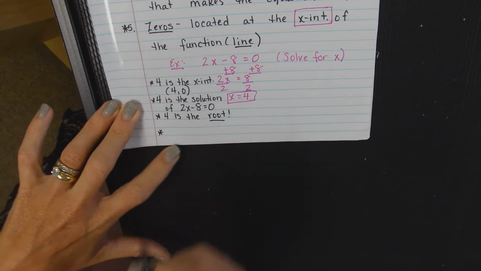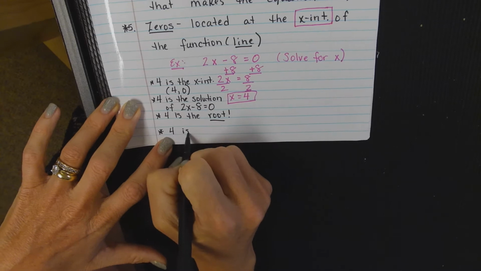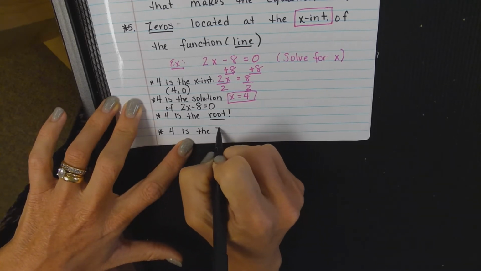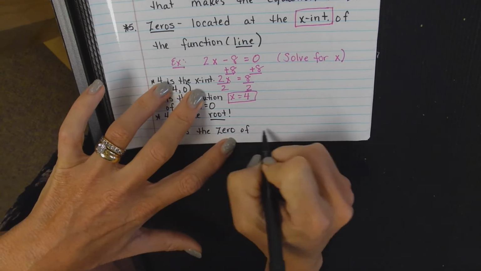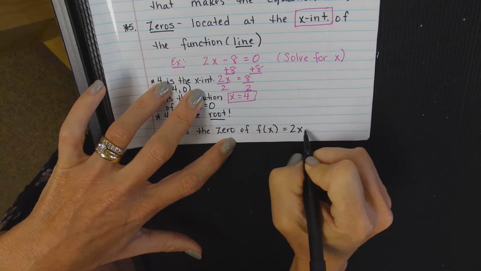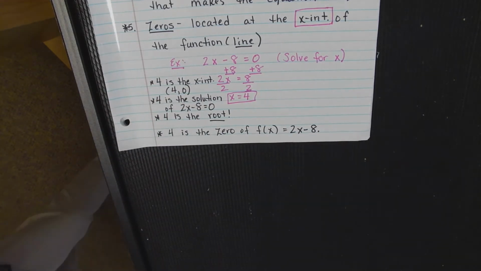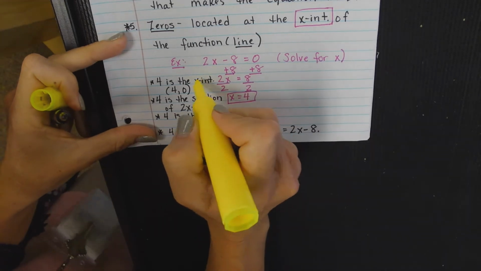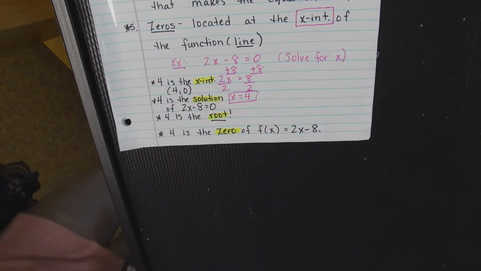And one more: 4 is the 0 of the function f of x equals 2x minus 8. I'm going to get a highlighter just so you can see: x-intercept, solution, root, and 0.